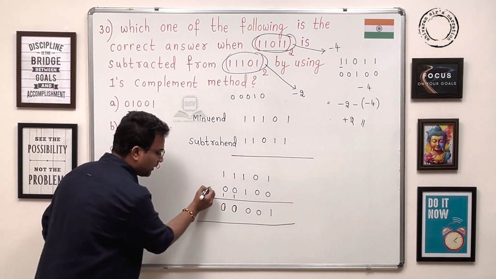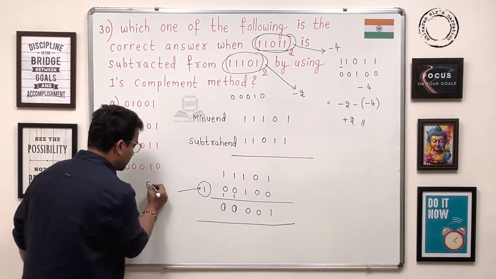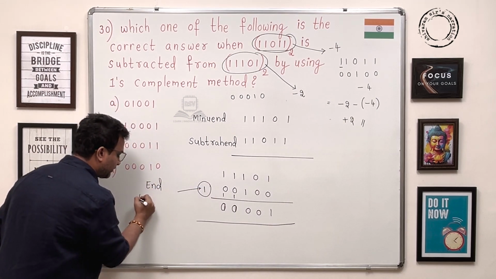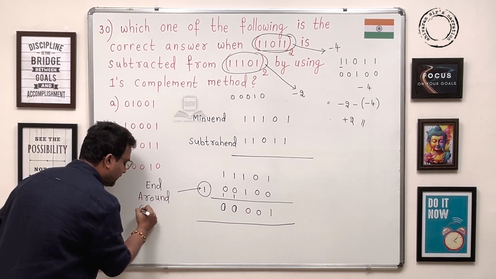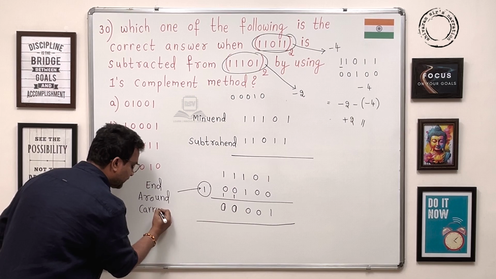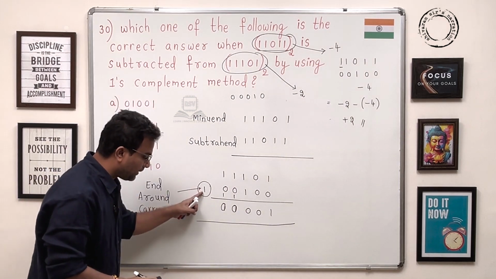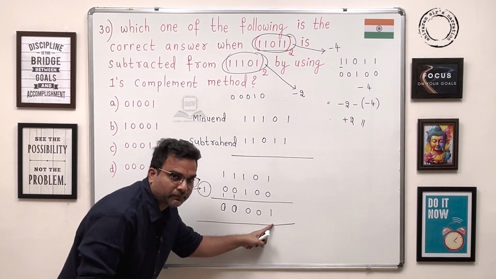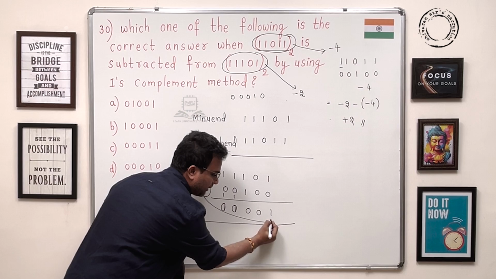Now this one we call it as end around carry. In short form, it is called EAC. In this 1's complement procedure, you need to add this one to the least significant bit. Then let's get back to this here, it's 1.